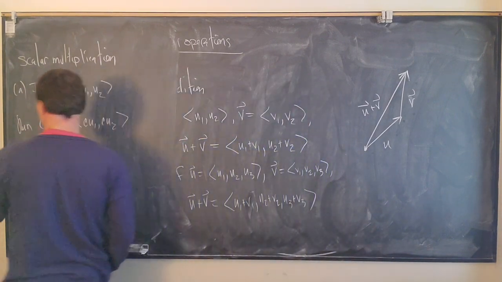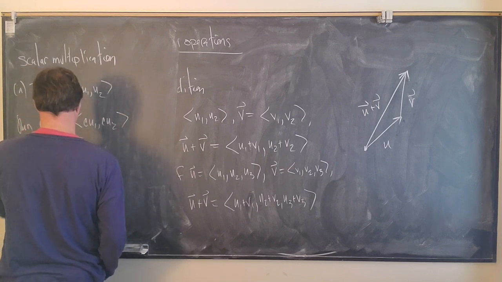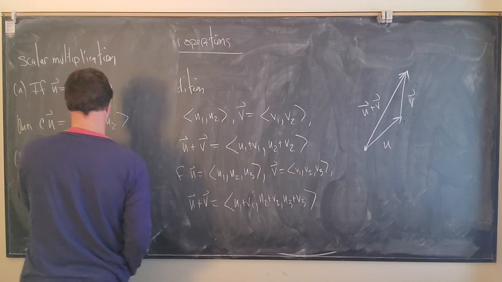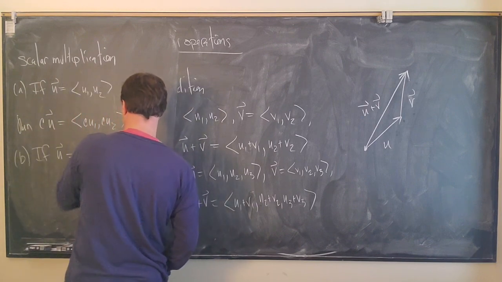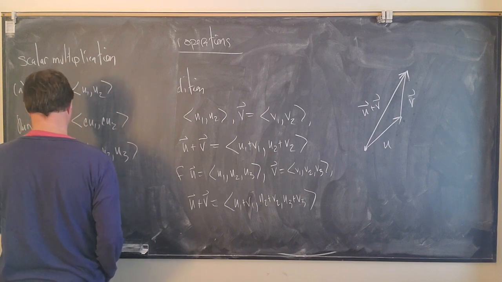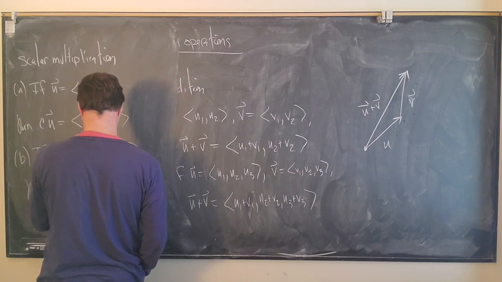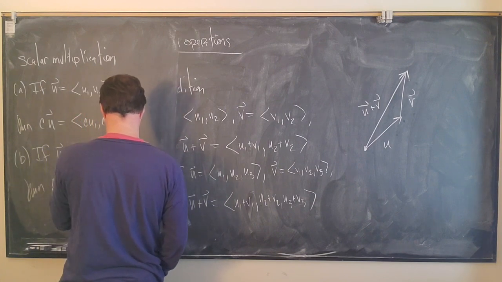And then scalar multiplication in 3 dimensions. If u is the vector u1, u2, u3, then do the obvious thing, multiply each component. c times u is c u1 comma c u2 comma c u3.